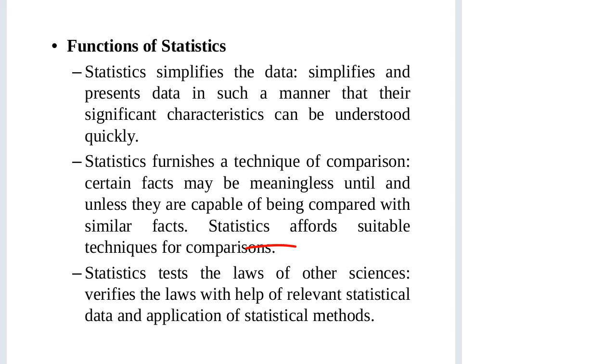We can also say that statistics tests the laws of other sciences, verifying the laws with the help of relevant statistical data and application of statistical methods. As we move forward, we'll be able to test quite a number of things using statistical techniques, like regression analysis.